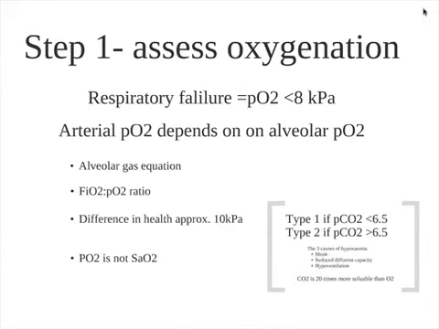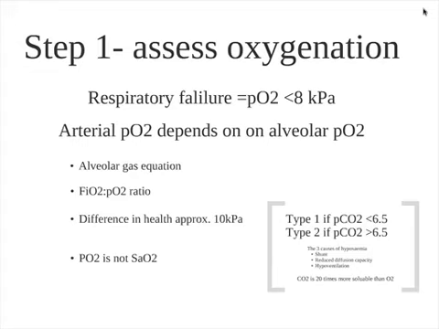So step one, assess oxygenation. Respiratory failure is defined as a PO2 of less than 8 kilopascals. And the arterial PO2 depends on the alveolar PO2. So if you went up a very large mountain, the air was very thin, and you're breathing hypoxic gases, then you're going to have a low arterial PO2.